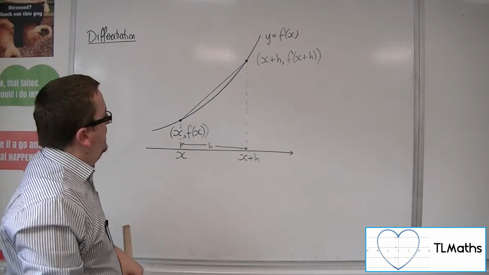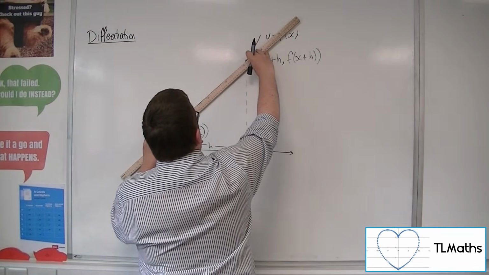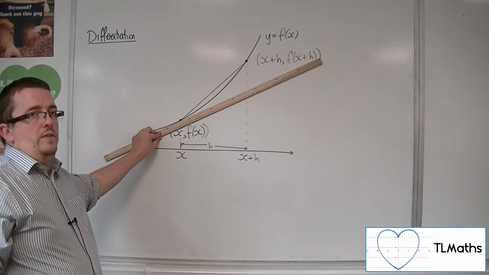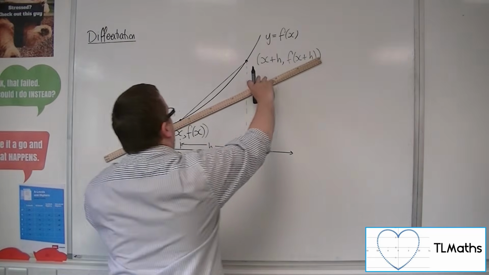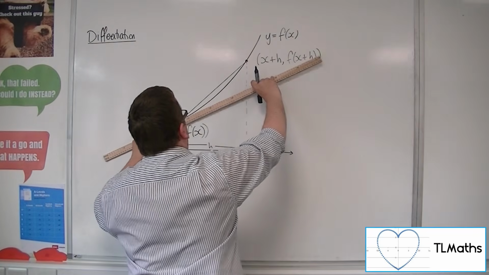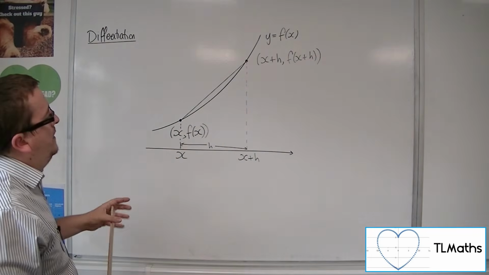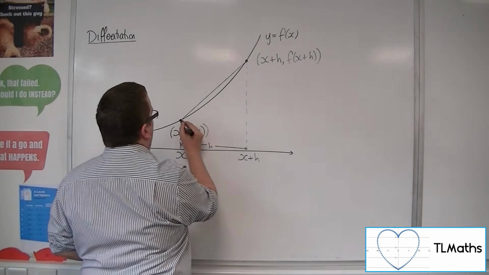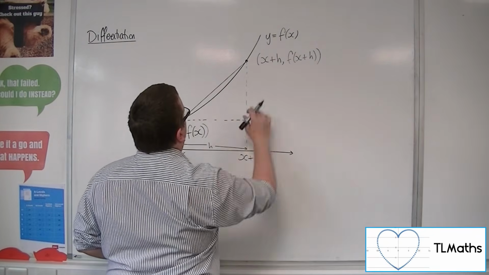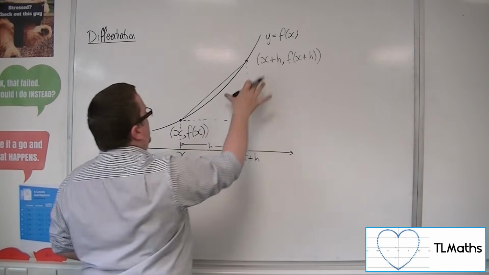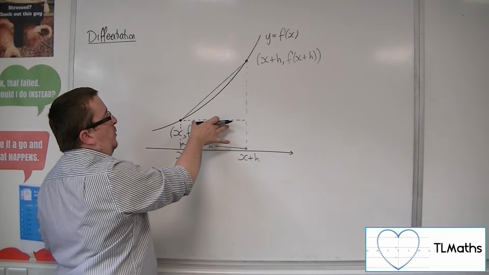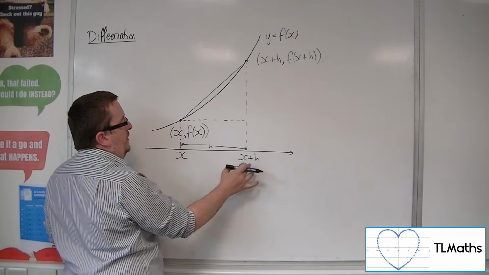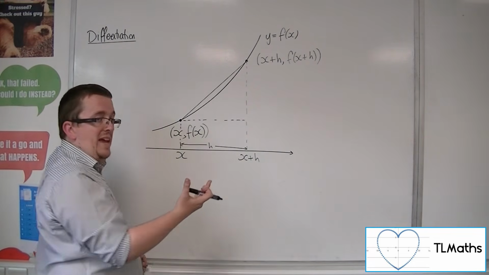Now, you'll notice that that gradient isn't going to be precisely the same as that one, okay? So they're not the same. It's just an estimate of the gradient at that point. Now, if I wanted to find the gradient of that chord, then I could think of finding the difference in the y coordinates divided by the difference in the x coordinates. So we know that the difference in the x coordinates is x plus h take away x, which is just the h.